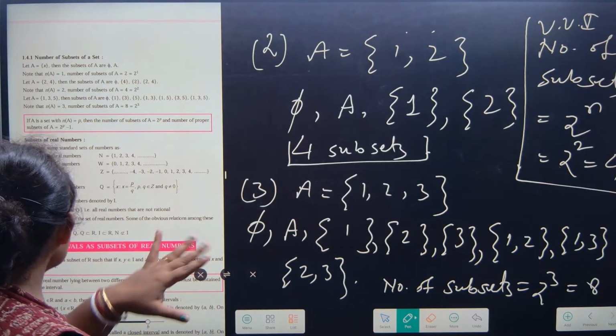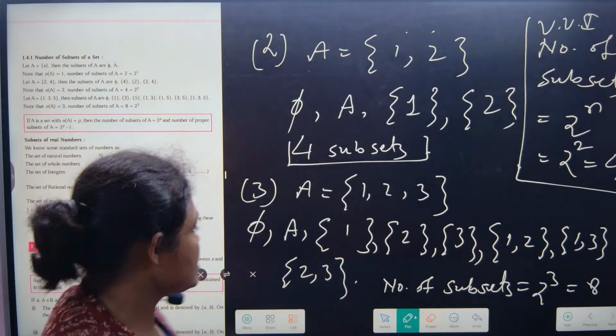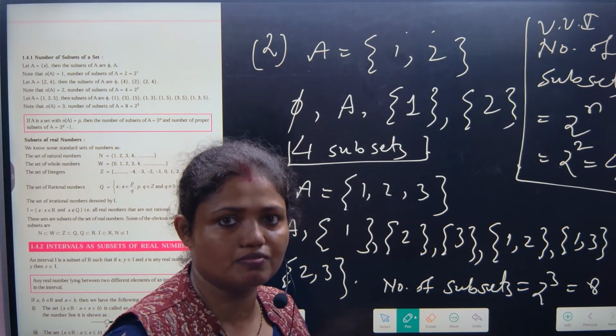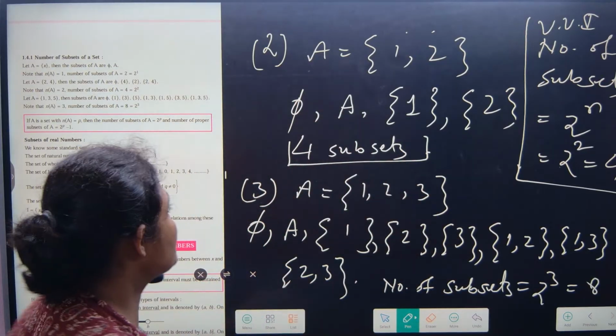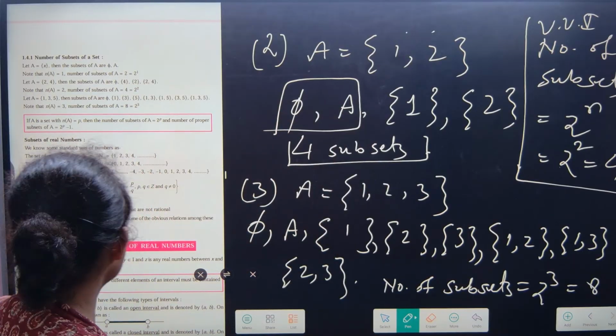Done. So this question is very important, the number of subsets of a set. So remember one thing: phi and the set itself are always subsets of the set. These two are fixed for all.